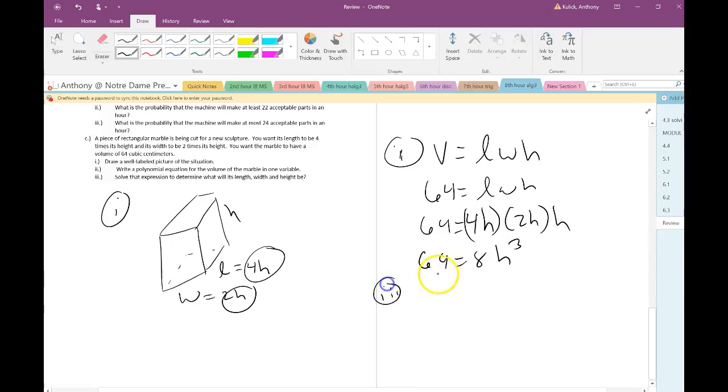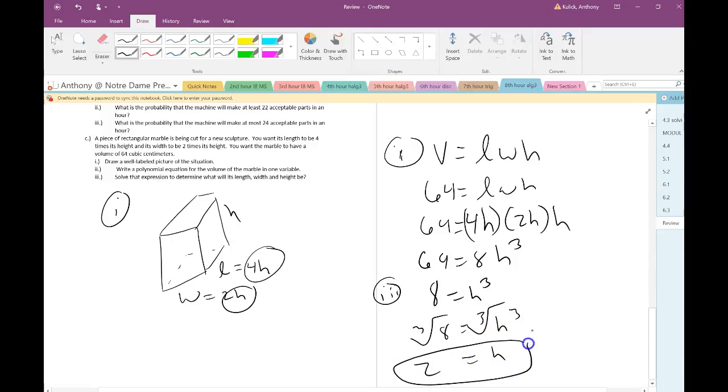And then for part 3, we'll just solve that. So I'll divide both sides by 8. And then we'll cube root each side. So I get that h is 2. And from that, then I can tell you that the length then is 4 times 2 or 8, and the width is 2 times 2 or 4. And that's it. Good luck.